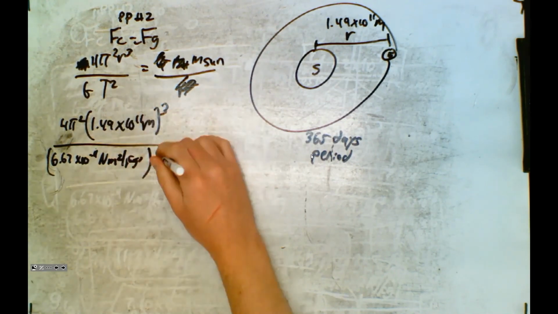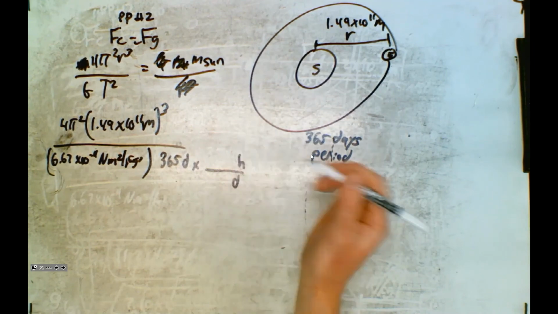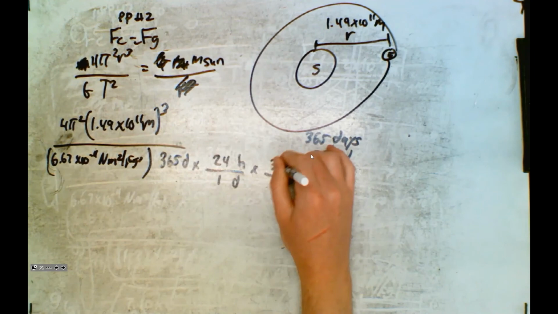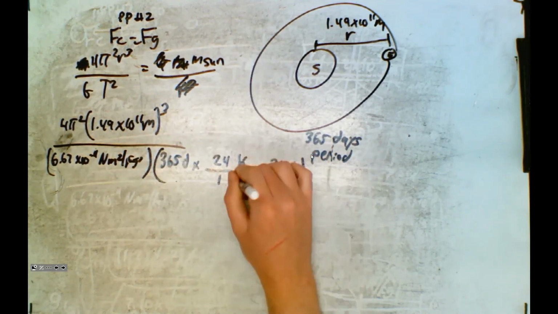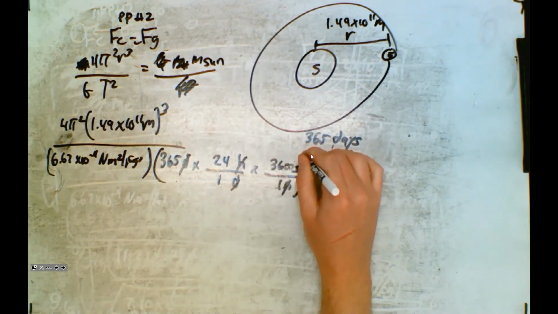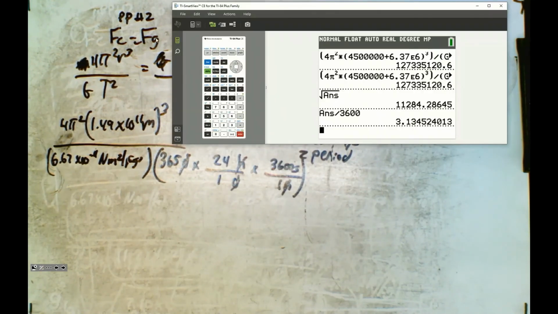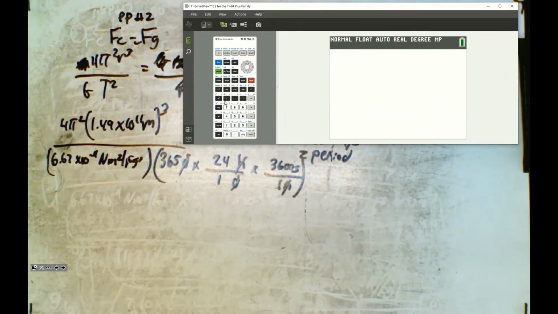And our period is 365 days, days into hours, so there's 24 hours in one day, and there are 3,600 seconds in 1 hour. So it always needs to be in seconds and meters, and we have to square that. And nothing is square rooted or anything like that, so we're ready to type this into our calculator.